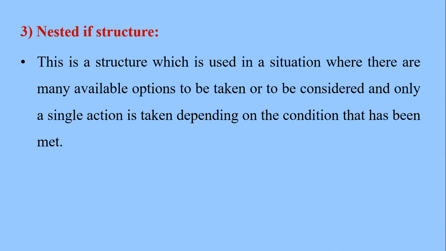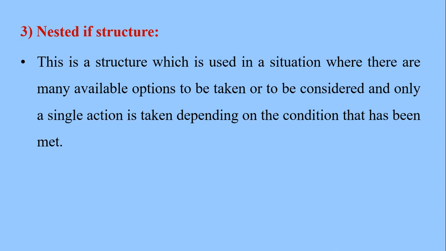If the condition evaluated to false, something is done. If it evaluated to true, something else was done. So there are only 2 alternatives, either the true alternative or the false alternative. But for nested if, we have several alternatives to be taken, more than 2.